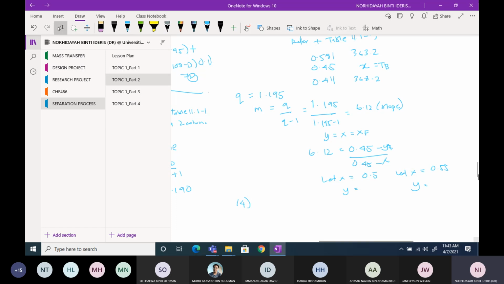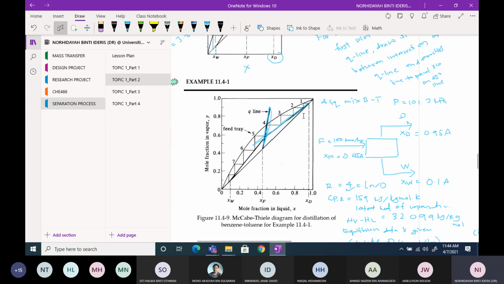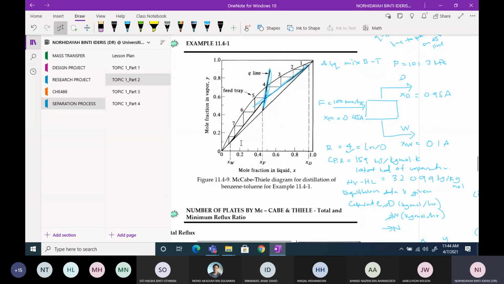Okay, girls, so far you have this 45-degree line, the curve line, the enriching line, and the Q line right now. I think the stripping line is easy because, as I said before, you have no need to calculate for a stripping line. How you draw your stripping line here is: you get the value of SW, which is 0.1, and put it on your 45-degree line.